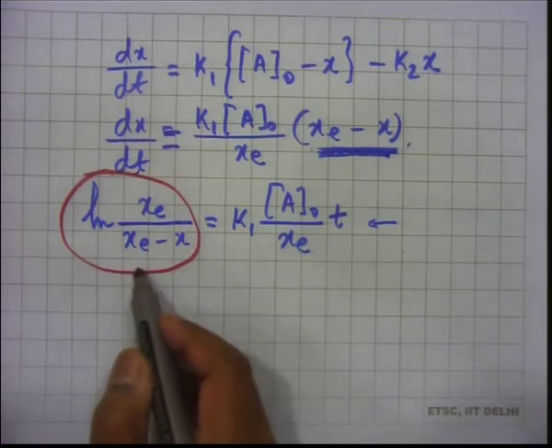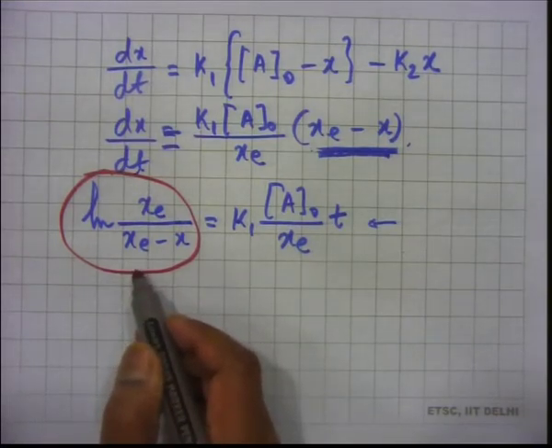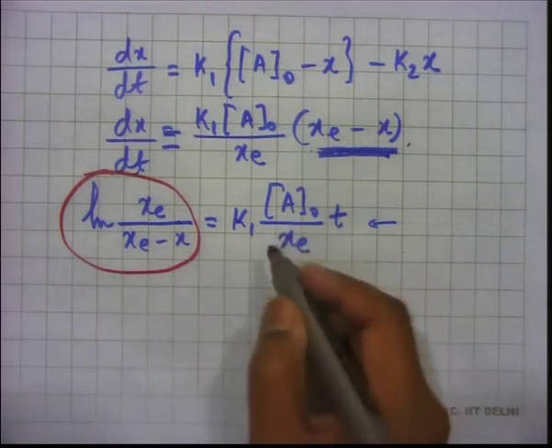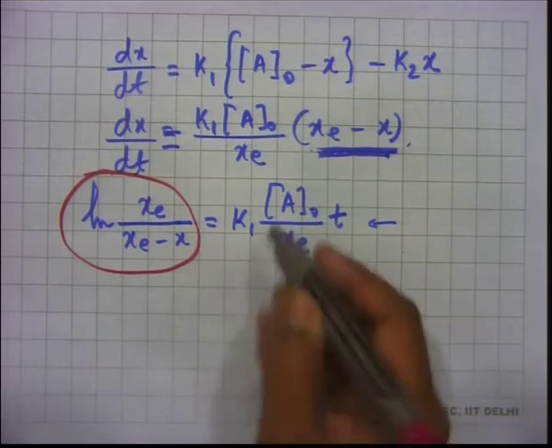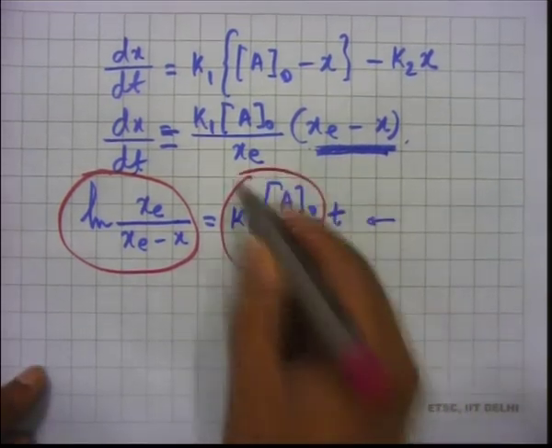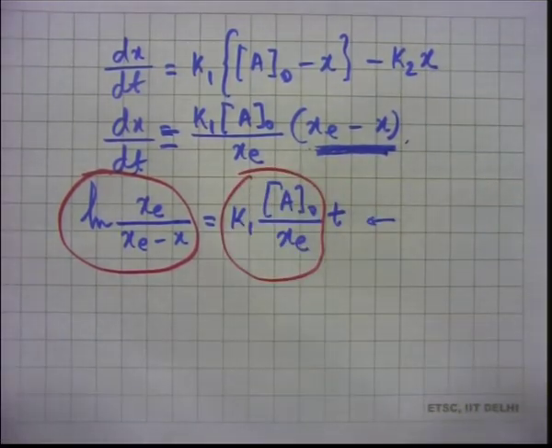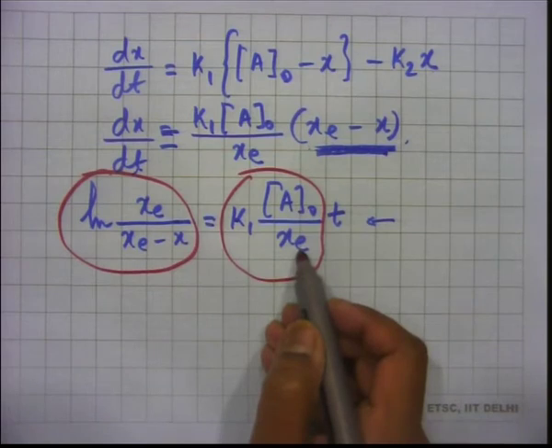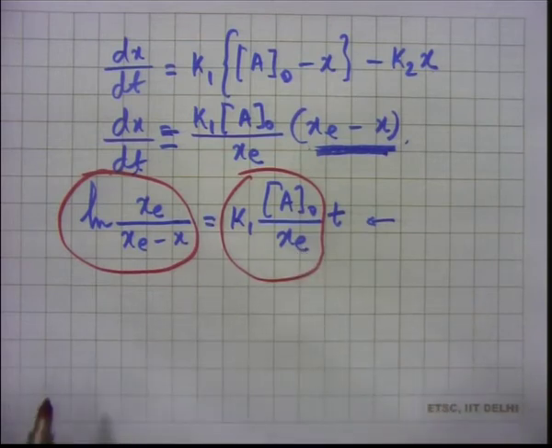So, this thing in red circle, if you plot this on the y axis, and if you have time on the x axis, then from the slope you can get this other quantity in red. So, we will get this. You know the initial concentration, and maybe you have also measured Xe, that is the equilibrium concentration. So, that will give you K1.